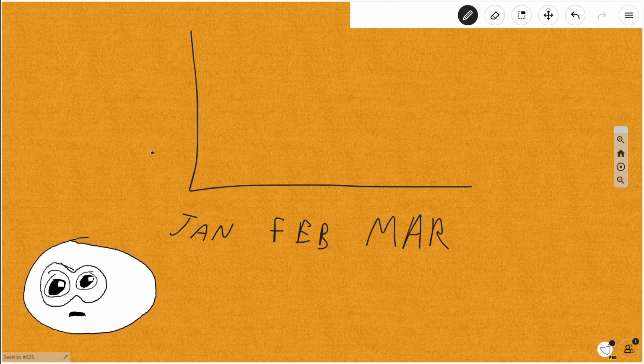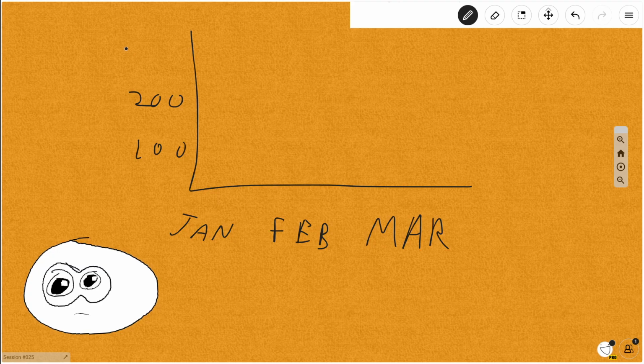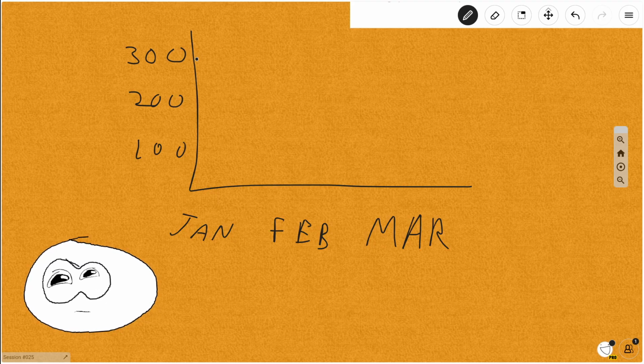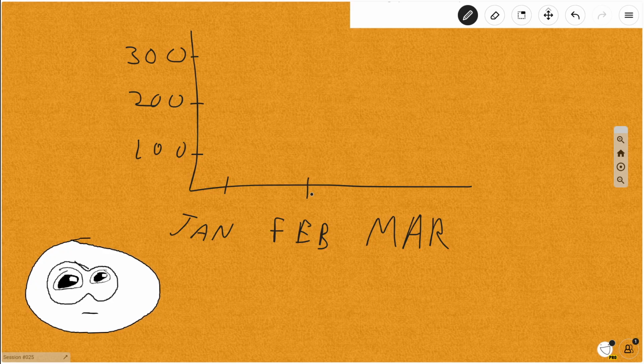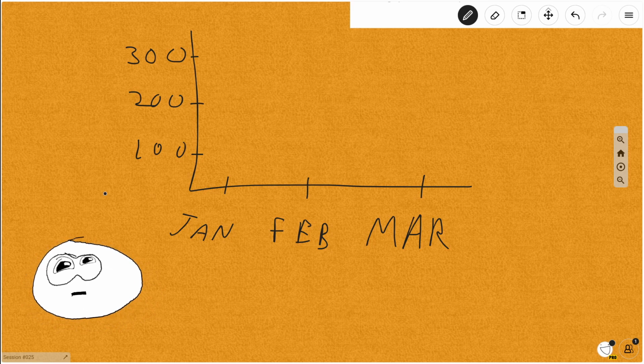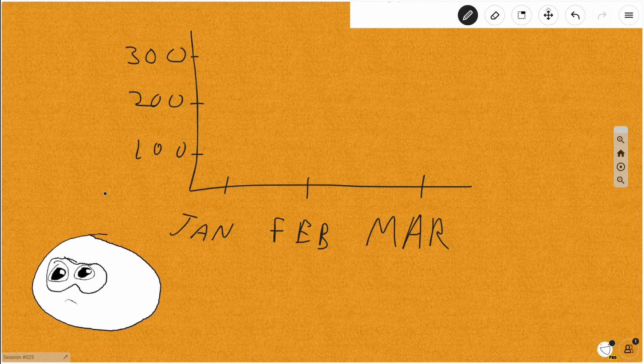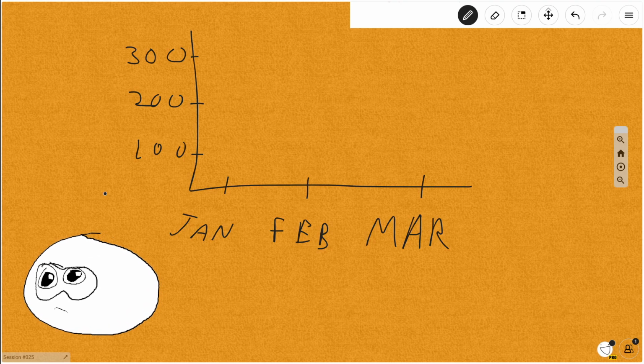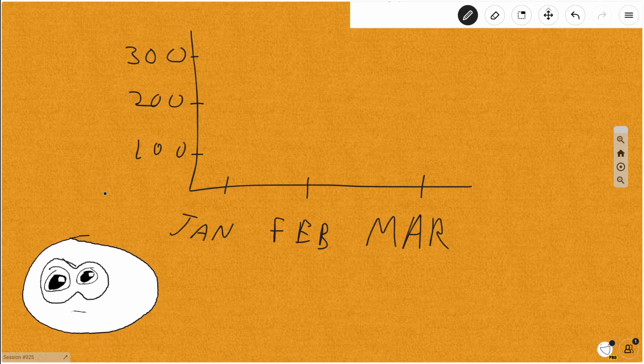Then you have 100, 200, 300. And this could be corresponding to anything, right? The month for maybe the amount of people that show up to donate winter clothes at a charity.